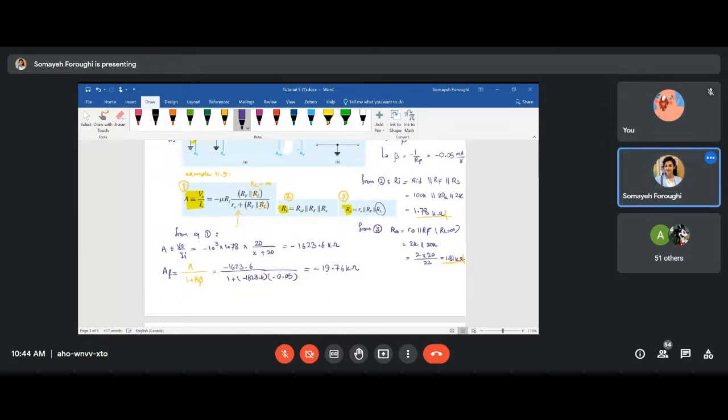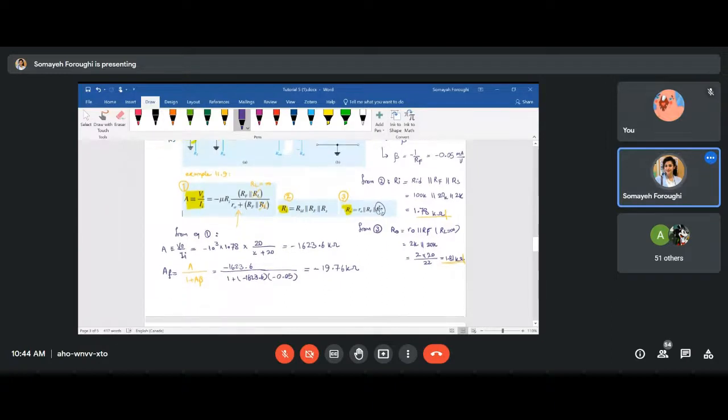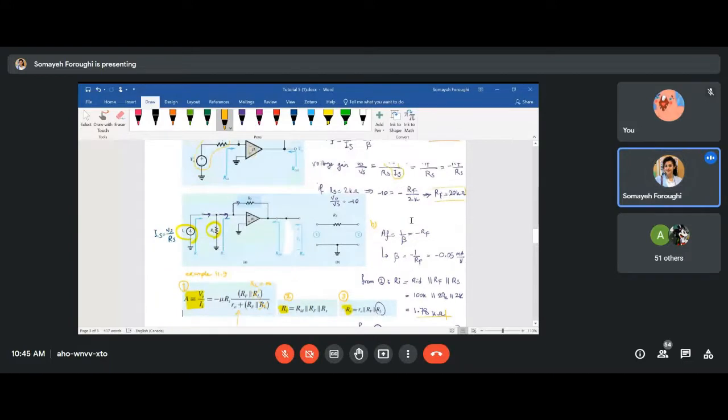Okay, so that's also your AF, and the question was still asking for the voltage gain, I mean VO over VS. So again, for finding VO over VS, you would replace VS with RSIS. So you will have VO over RSIS. And remember that VO over IS is the same as AF. Let me scroll up.